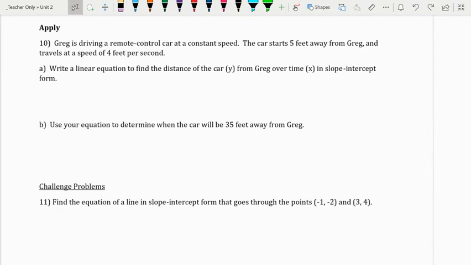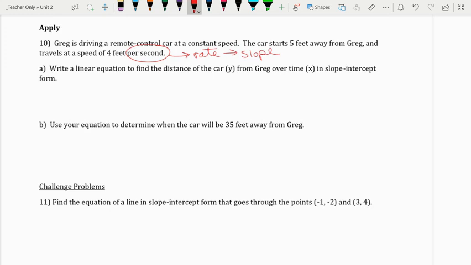At this point, we're going to talk about a couple word problems. So it says Greg is driving a remote control car at a constant speed. The car starts 5 feet away from Greg and travels at a speed of 4 feet per second. Okay, this per second tends to talk about rate, which is the same thing as slope.